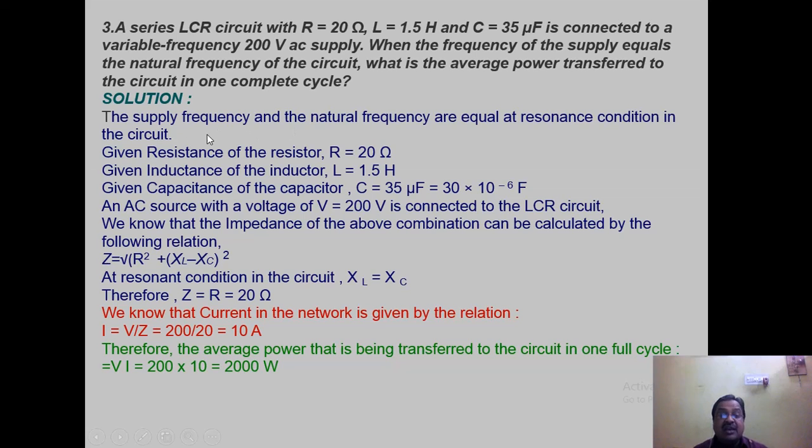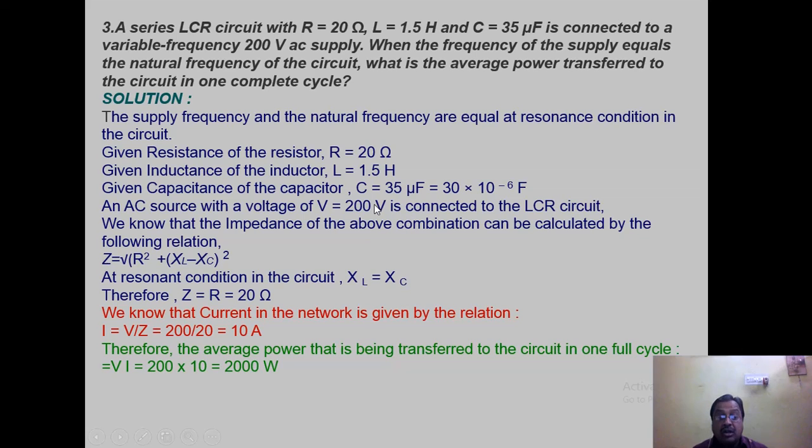Now here you see the supply frequency and natural frequency are equal at the resonance condition of the circuit. Given resistance is 20 ohm, inductance is 1.5 Henry, capacitance is 35 microfarad, where 1 microfarad is 10 to the power minus 6 farad. So it should be 35 into 10 to the power minus 6 farad.